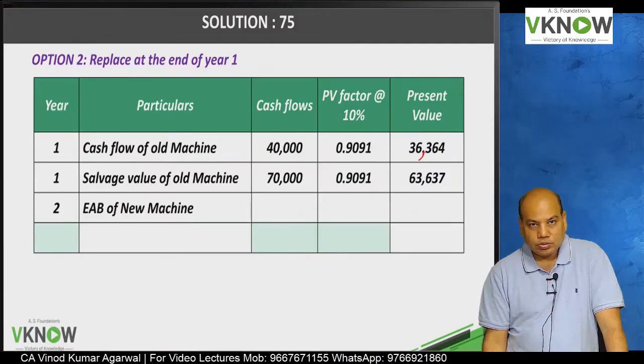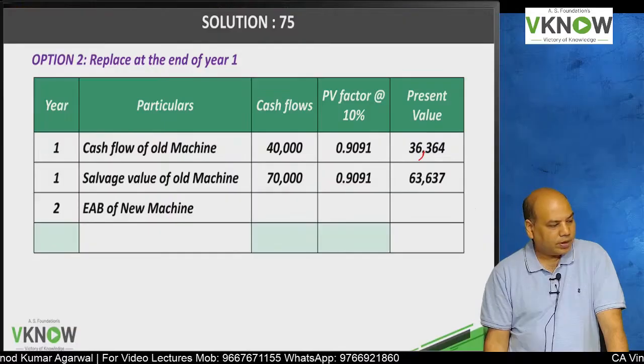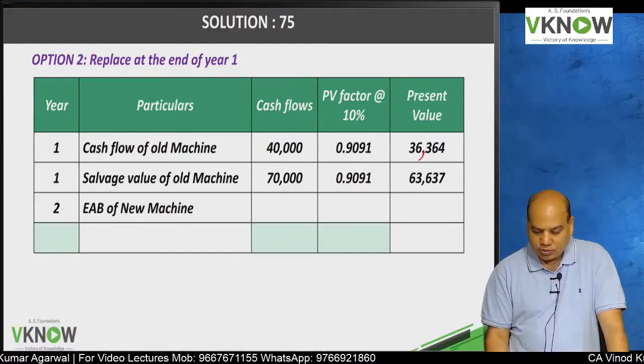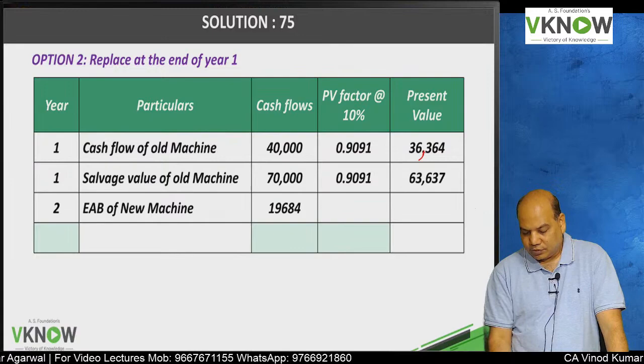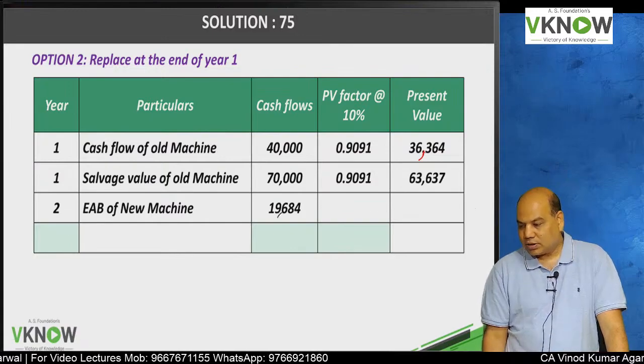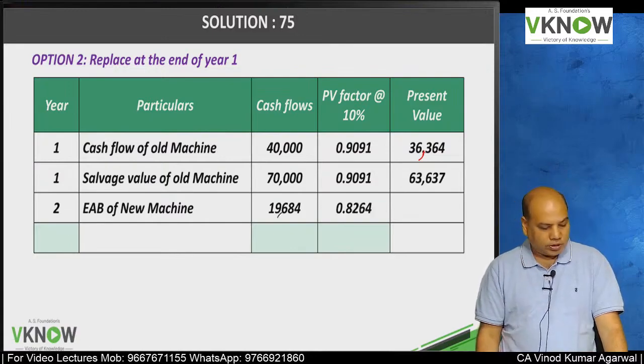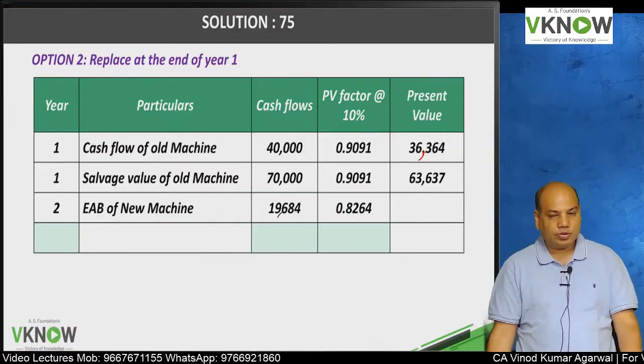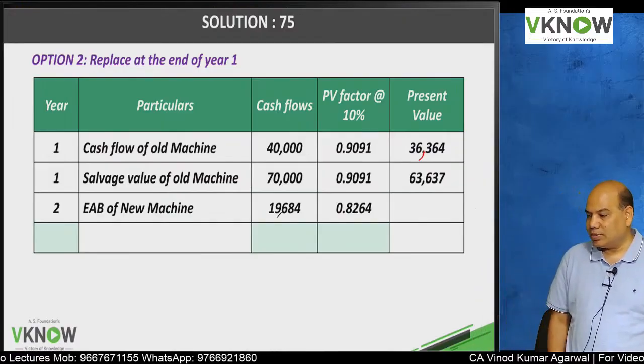Year 2, now you start using the new asset, EAB of the new machine. Come on student, 19684, factor 0.8264. Can you please multiply?